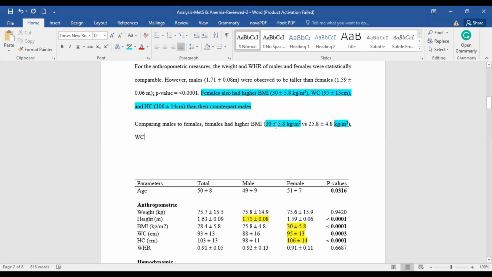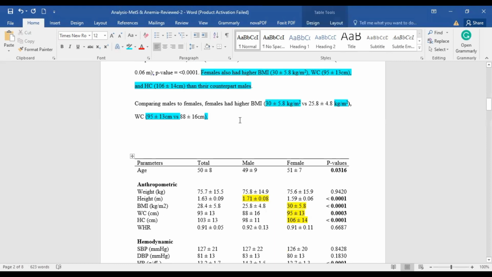And WC, then we'll do the same, the way we wrote this one. We write this one versus, versus WC.